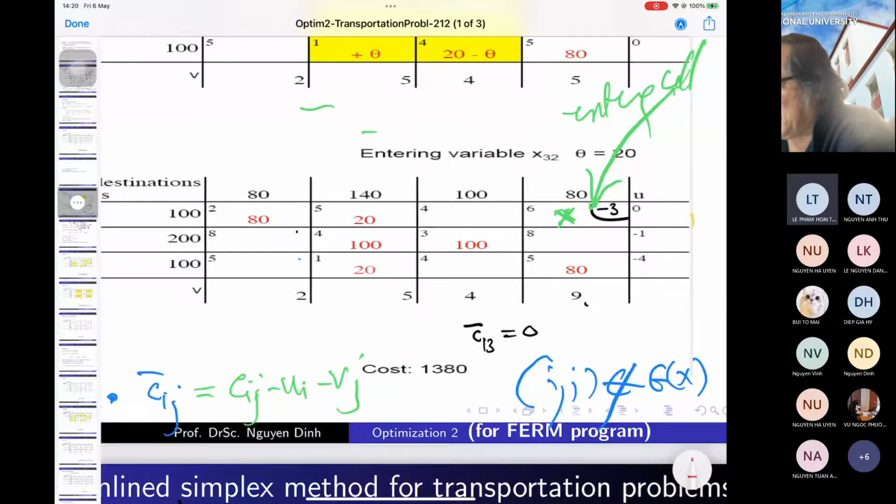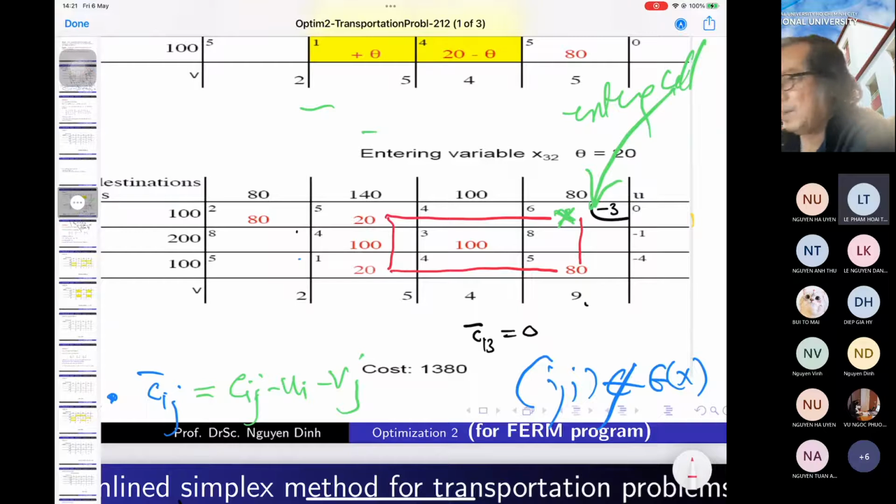The second cell is what? Very easy. It is here. The second cell is 1 2. Is that right, Hà Uyên? Yes, I think so. And the next one is 3 2, come here. And then the last one is 3 4. Okay, and that we have the cycle.